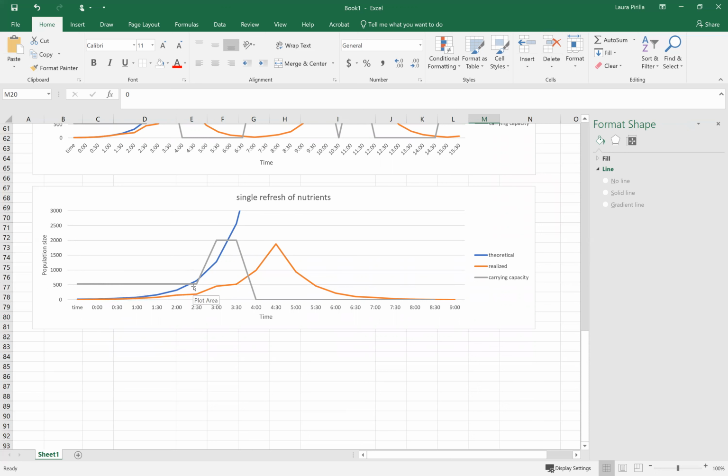We suddenly added nutrition, so that carrying capacity increased, but the nutrition was then immediately depleted and it crashed back down to zero. So again, when our population was increasing, it hit a peak at the same level as the carrying capacity, although it hit it a little bit later. And then after that, it sharply drops off to nothing.